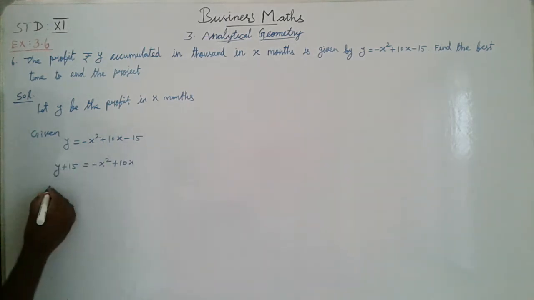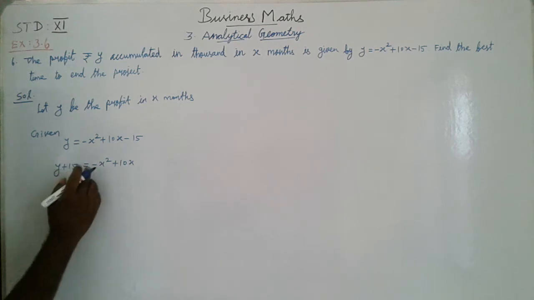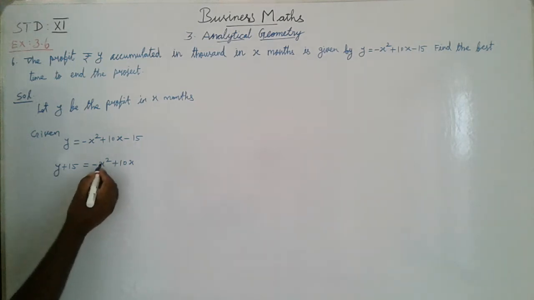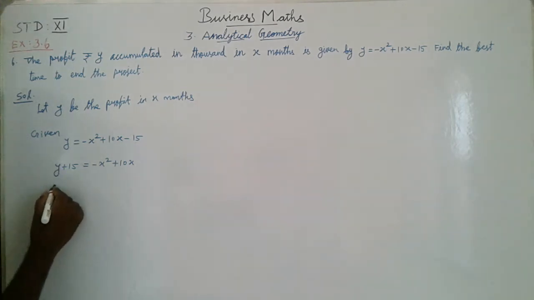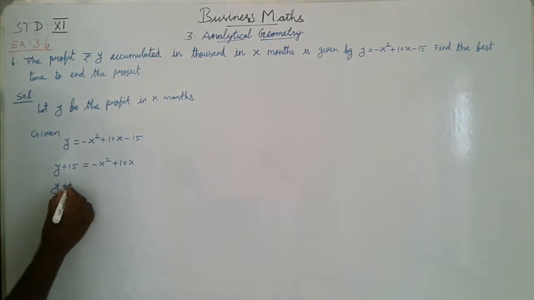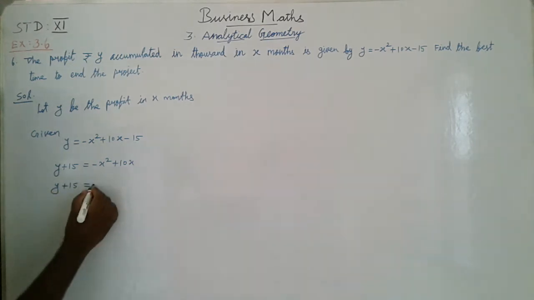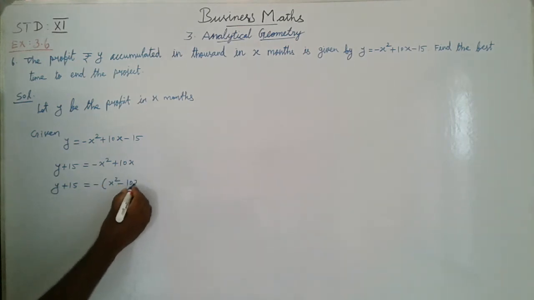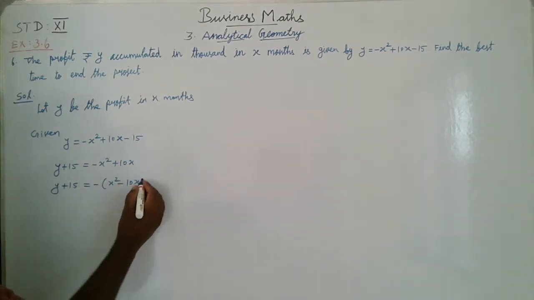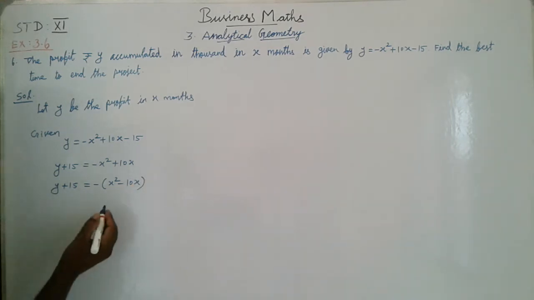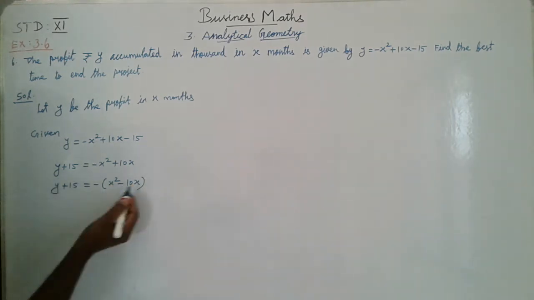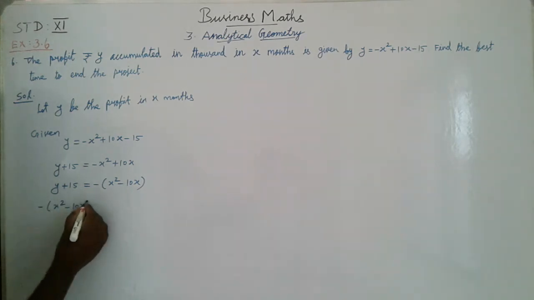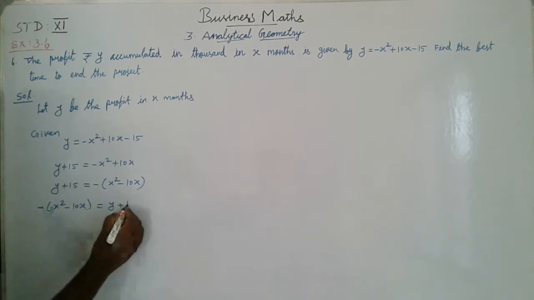Interchange the sides. The minus is common, so we take it out: minus x square minus 10x equal to y plus 15.